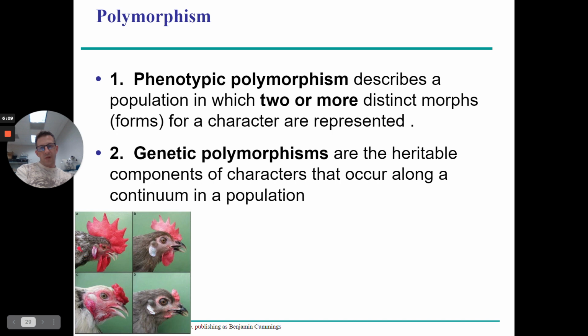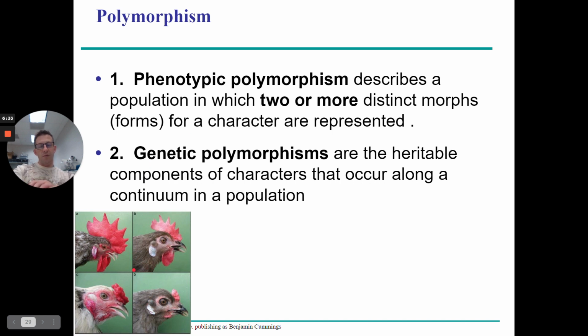So we've got these different forms that are represented in what the chicken actually looks like, okay? And that's what they're talking about here in terms of looking at a population and seeing these different phenotypes manifested for different types of traits.